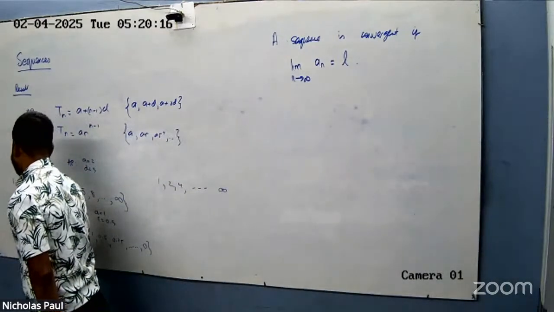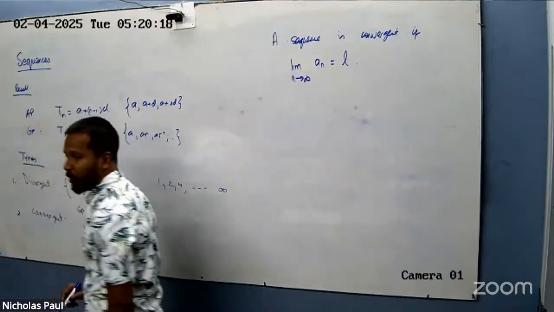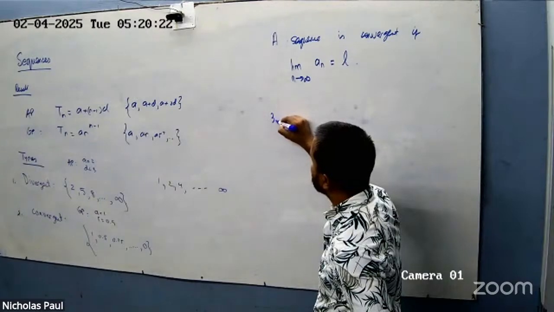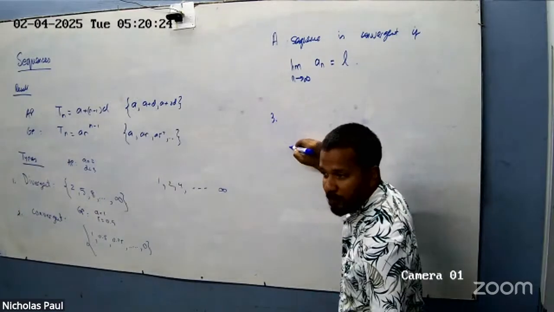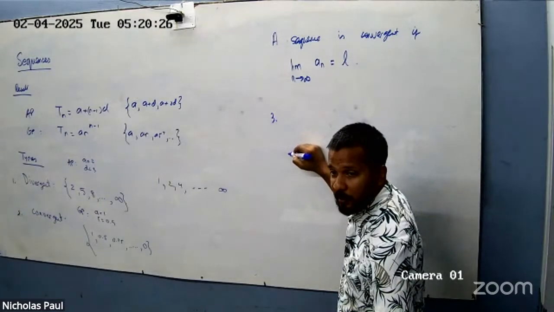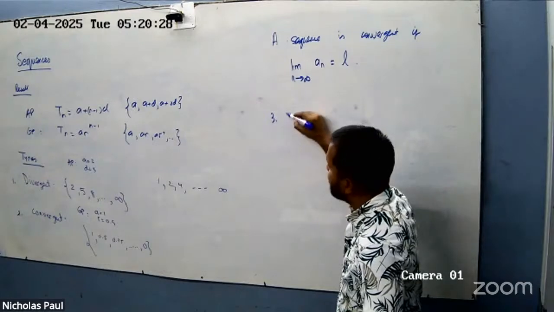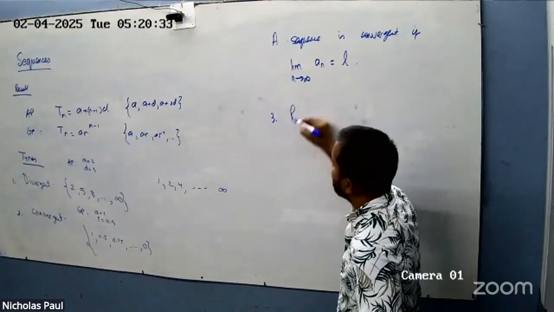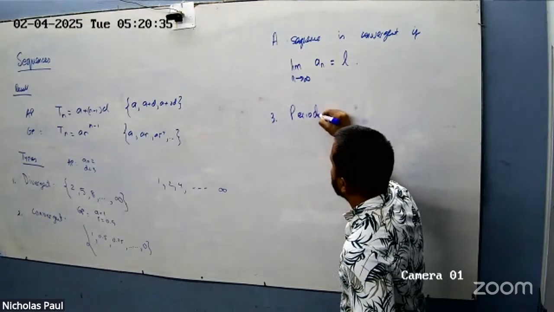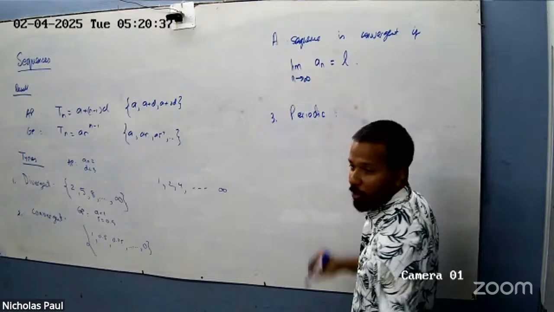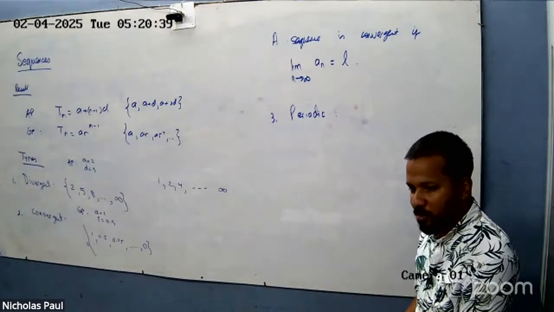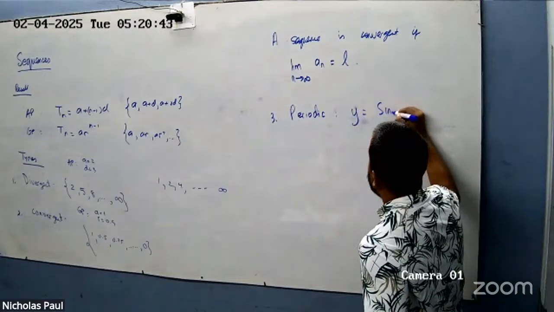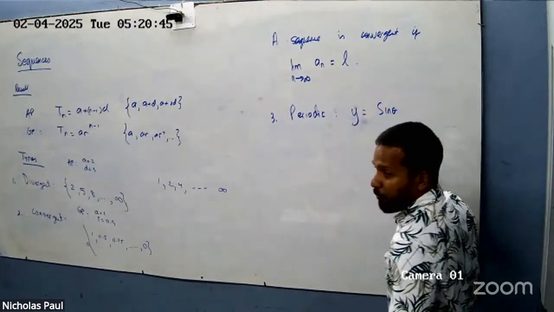A sequence could be divergent, convergent, or one more thing: it can oscillate. It could be periodic. Can anybody think of a periodic function? Sine or cos, right? So y = sin theta is periodic.